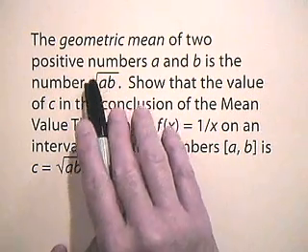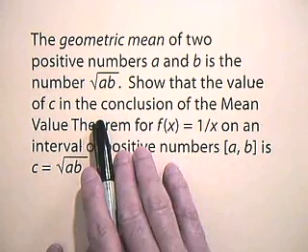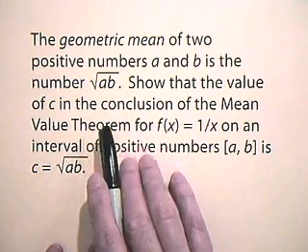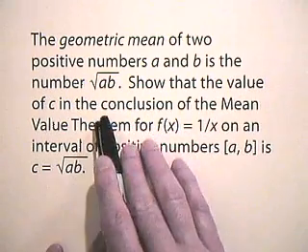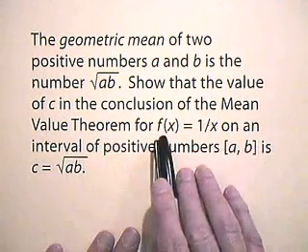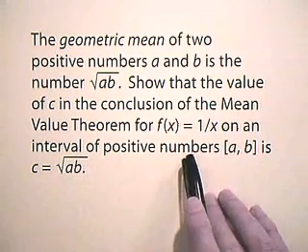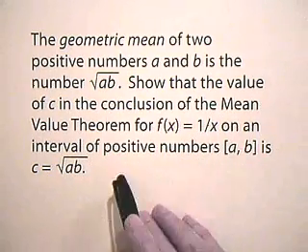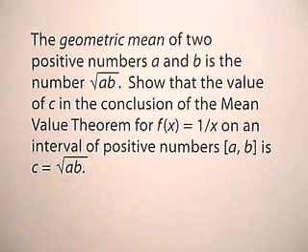Notice it's the multiplicative analog of what you do to average two numbers, which is with summation: you add and divide by 2. Show that the value of c in the conclusion of the mean value theorem for f of x equal 1 over x on an interval of positive numbers a, b is c equals the geometric mean of a and b, the square root of ab.